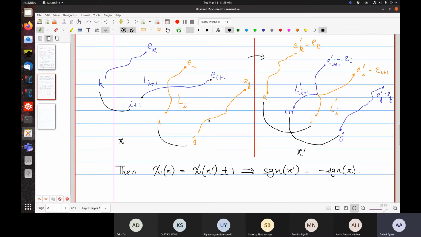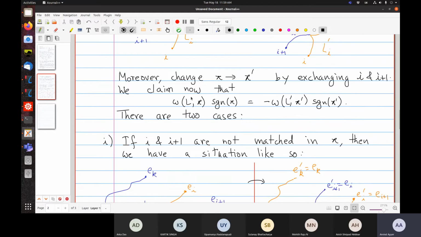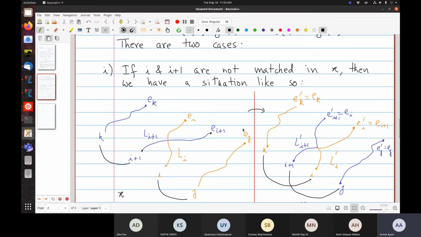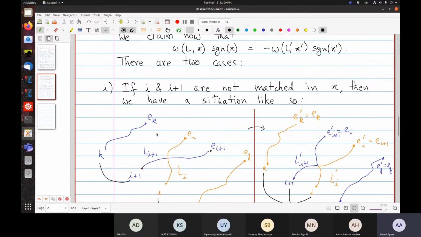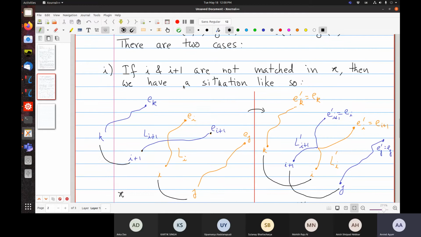Okay, that's good. Now we also want to compare the weight of L pi and weight of L prime pi prime. So what has changed now? So remember that the weight is minus 1 to the number of inversions, and the inversions are the number of pairs which are off sequence in pi.